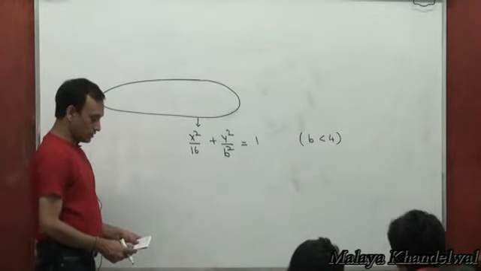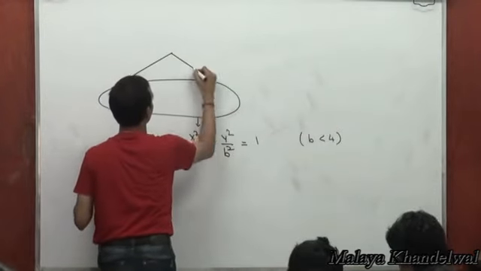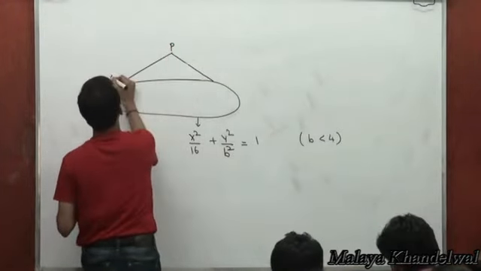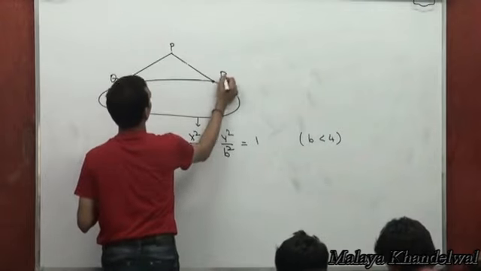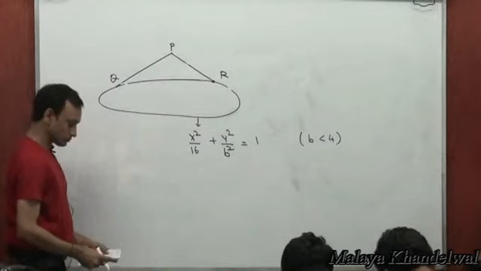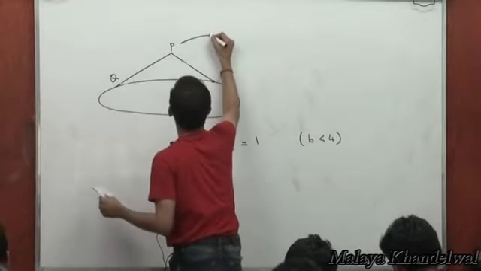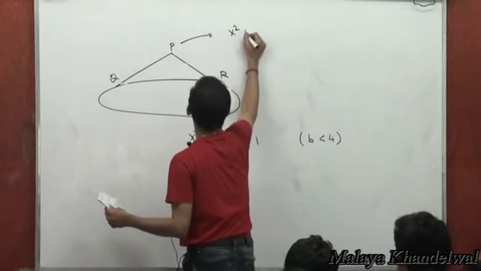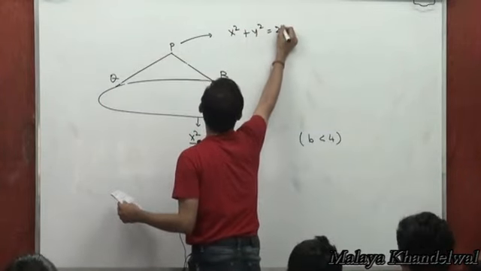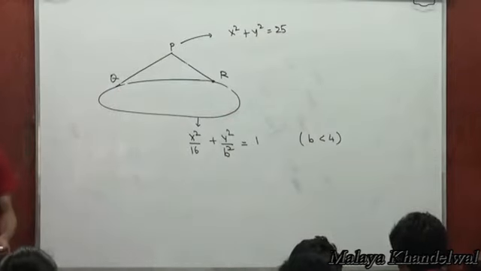So now tangents PQ and PR, and this P lies on x squared plus y squared equal to 25.